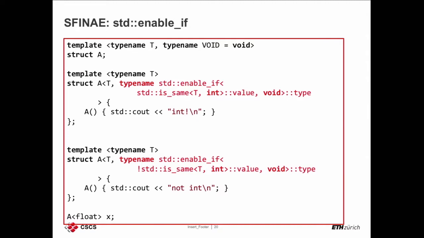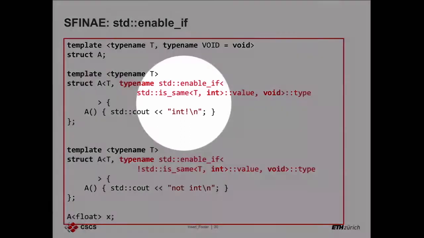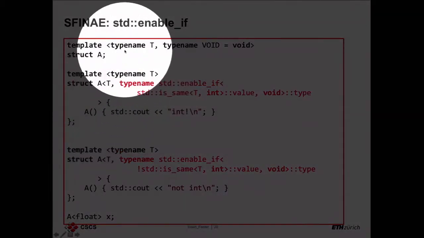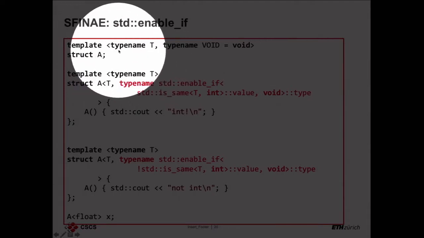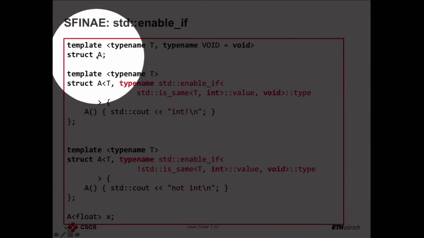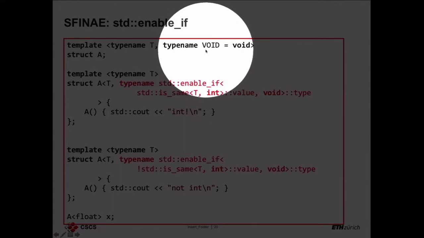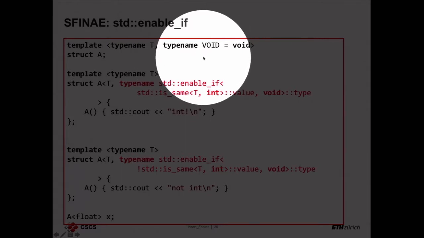It was developed by this guy, Jaakko Järvi from Finland. And he came up with this idea. And it's really very simple. You can see that you want to say, I have my template, right? A typename T, struct A, and then I have a default argument void to an argument which I called capital Void.